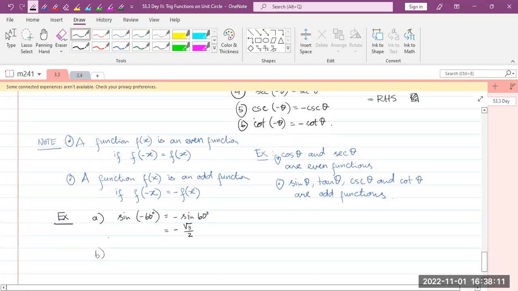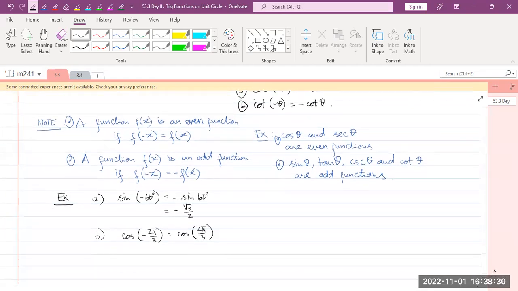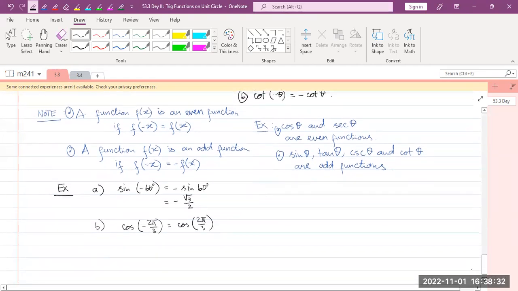Okay, part B. How about cosine of negative 2 pi over 3? Now, cosine is an even function. So cosine negative is cosine positive. But 2 pi over 3, notice that 2 pi over 3 is in quadrant 2, right?